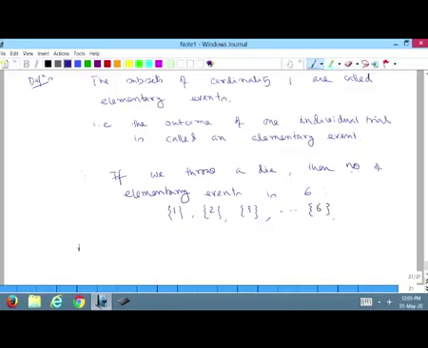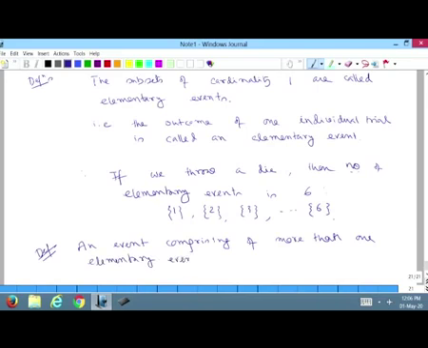An event comprising of more than one elementary event is called a compound event.